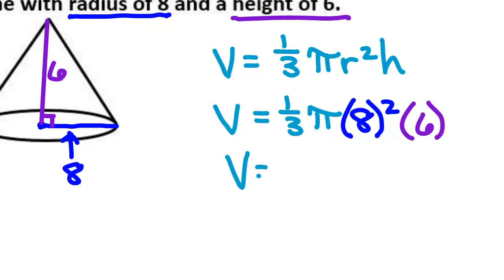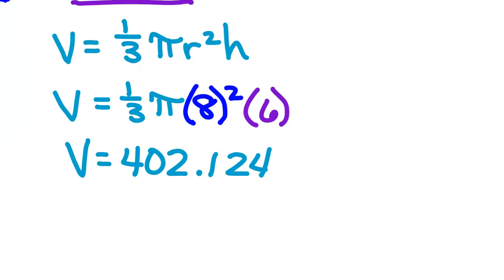And then we pop this into our calculators, and tell me what you get. 402.124. Did they give us units? No, so we're going to put units cubed with this because it is volume.